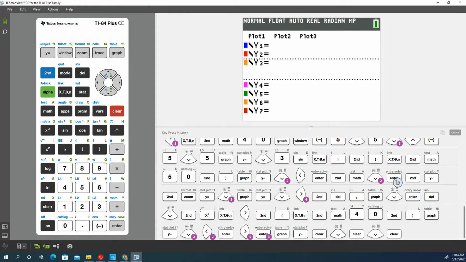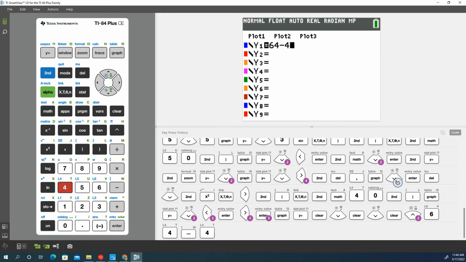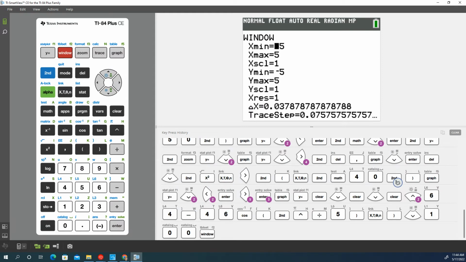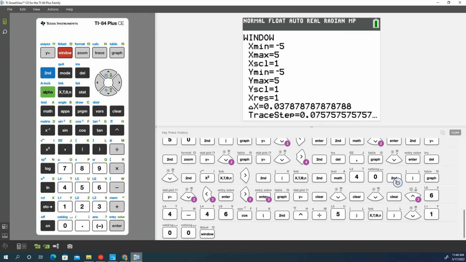So let's start by typing in that bad boy: 64 minus 46 cosine of pi over 5, wrap that in parentheses, x. And 100. All right, so obviously I'm going to adjust my window here. What's my time ranging from? 0 to 10 minutes. So that's how I'm going to adjust my x. I'm only looking from 0 to 10.